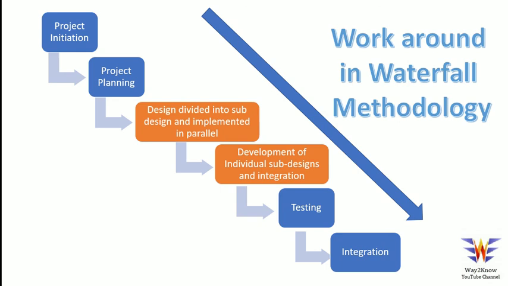For example, instead of one team completely doing it, let us divide it into several modules and sub designs, with individual teams handling the design as well as the development, and they merge it before releasing it.